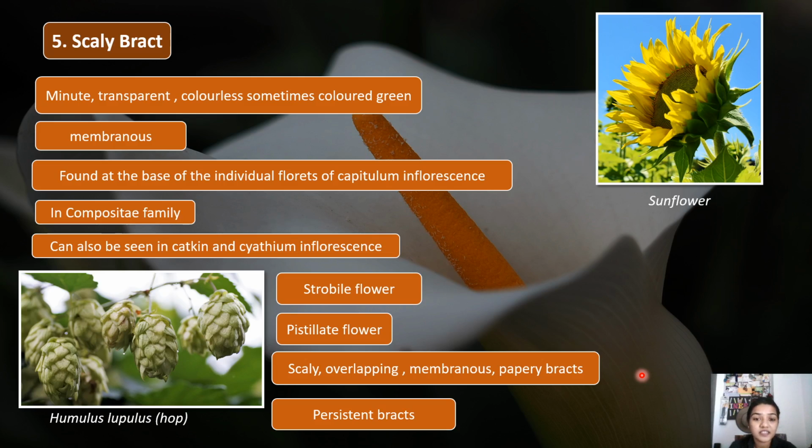So these 3 structures that are present are nothing but bracts. The glume is called the glumaceous bract, right? Then there is palea, which is also a bract, and there is one more name that I am not remembering, that is also a bract. You can go back to the inflorescence part and identify. But all of these are bracts, and the main 5 types of bracts that I have explained are what you have to remember, right? So yeah, that is it.